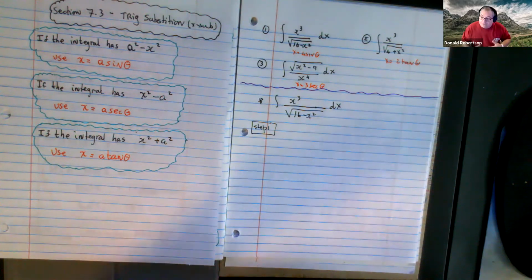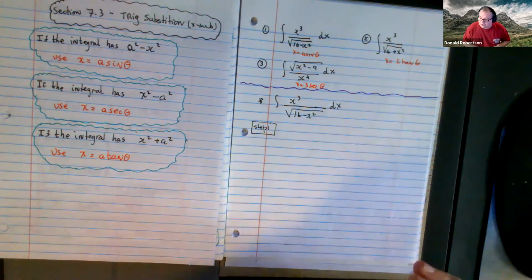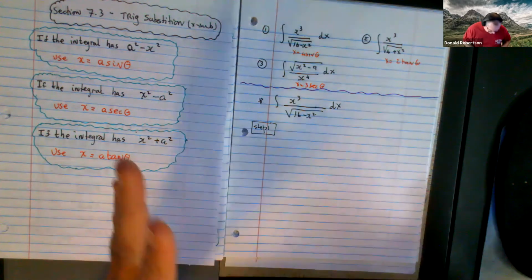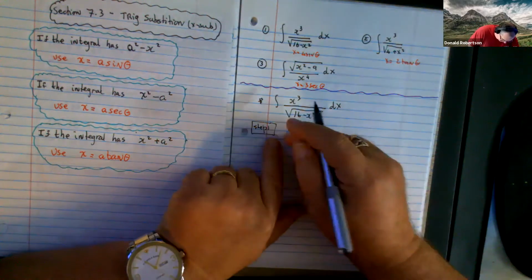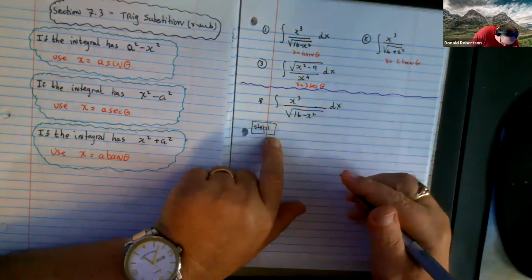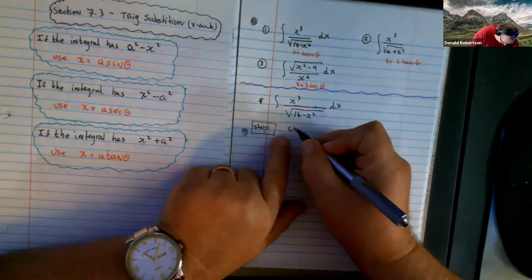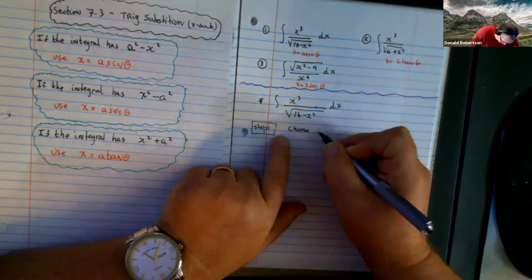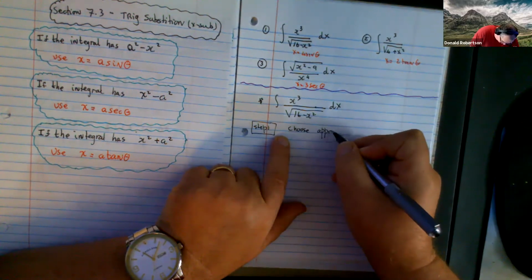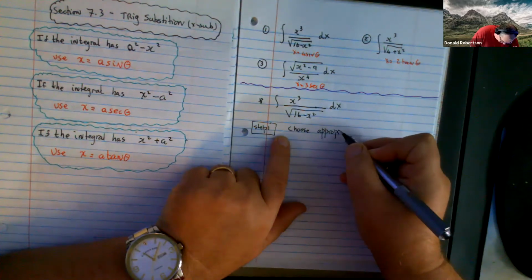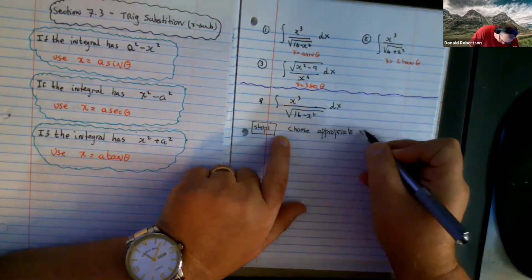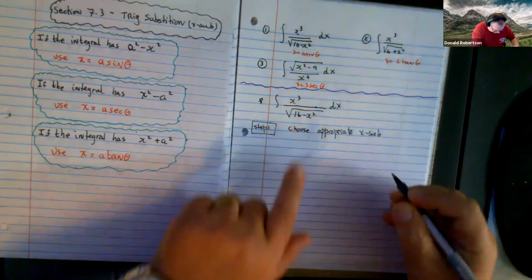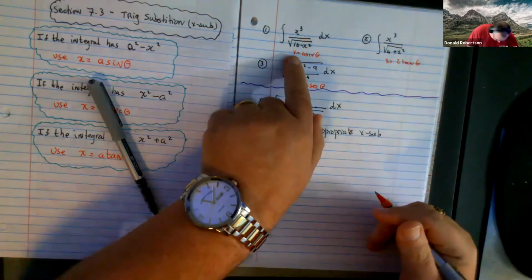There is an awful lot of work in these questions. They are massively big. And so I'm putting in like a little template to say what we do. The step 1 is choose an appropriate x sub. Well, we've already told you who that's going to be. It's going to be 4 sine theta.